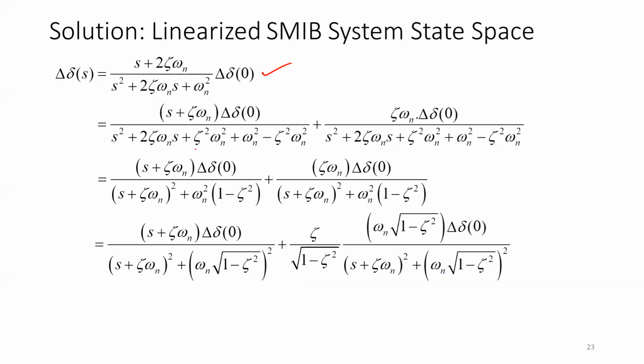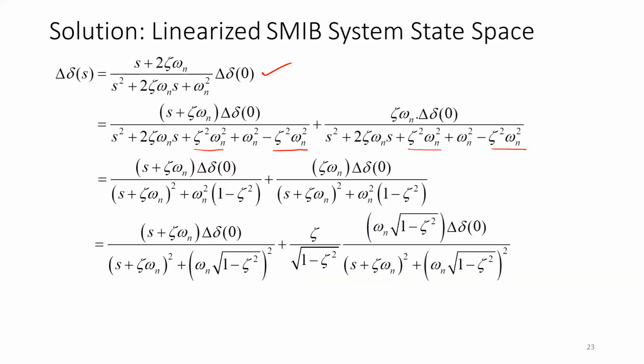So what is the additional term? This is the additional term we brought, so we'll subtract the additional term. The same thing is done on this side as well. So what happens? You get s plus zeta omega n, no change in the numerator, but the denominator is slightly modified now.